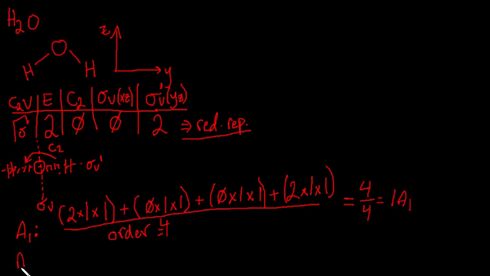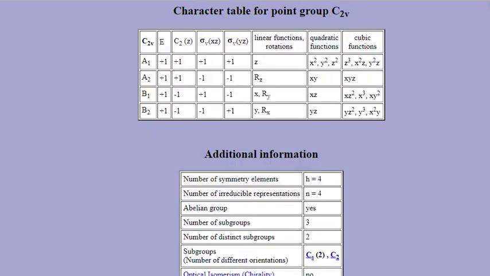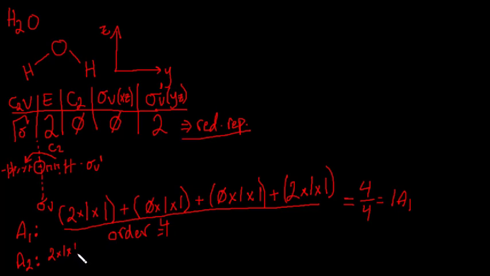In the case of A2, we would follow that same logic. So in this case here it would be 2 times the coefficient here, which is 1, times plus 1, and you'll see that in A2 it's plus 1, plus 1, minus 1, minus 1. So we don't have to refer back to this. So times 1 plus, the next one is going to be 0, and the following one is going to be 0.